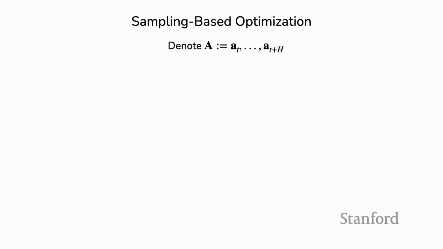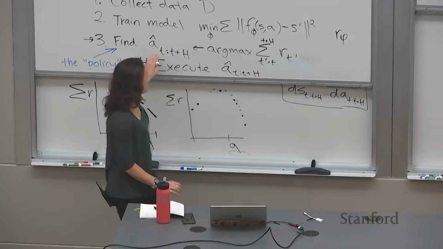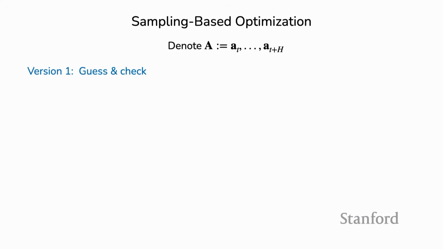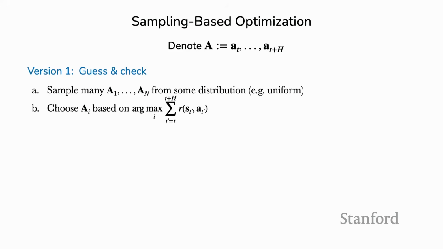And so in terms of what this looks like, if we use capital A as shorthand to denote AT to AT plus H, then version 1 is if we just do one round of sampling, then we'll sample a large number of possible action choices we could take from some distribution, then choose the set of actions that had the highest reward, and then run those actions in the environment.